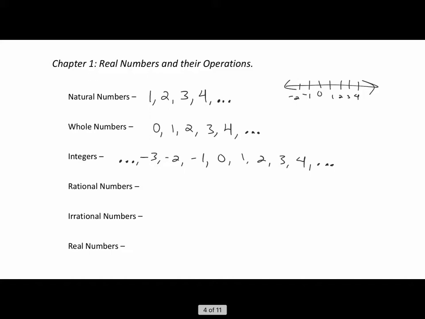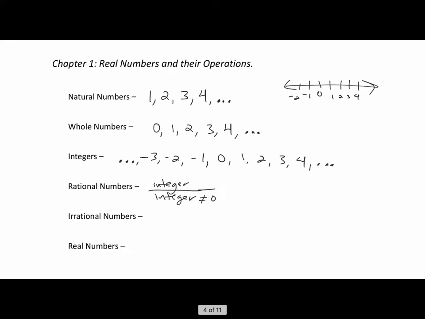So rational numbers are all of these numbers, but also any number that can be written as a fraction. So any integer divided by another integer such that the denominator is not 0, because you can't divide by 0. That's not a rational number.